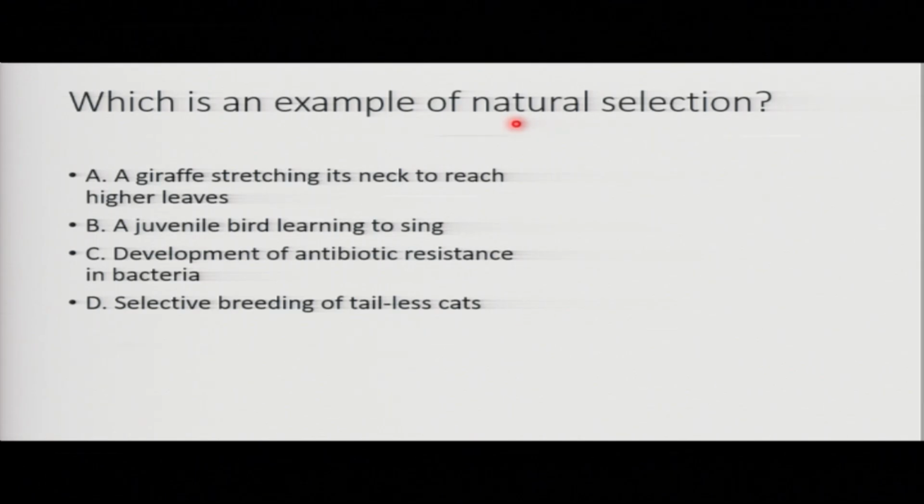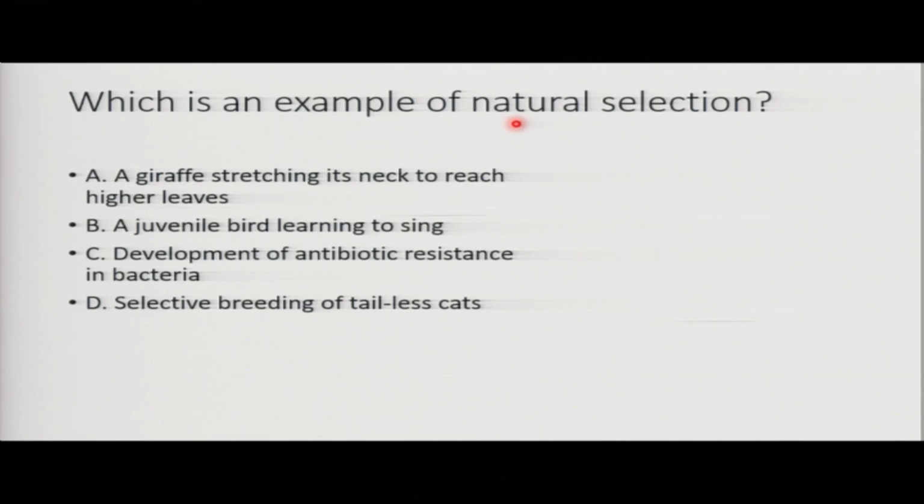Selective, human-induced. Development of antibiotics. Who uses the antibiotics? Bird learning to sing. Is that acquiring? Is it inherited? Is it inheritable?